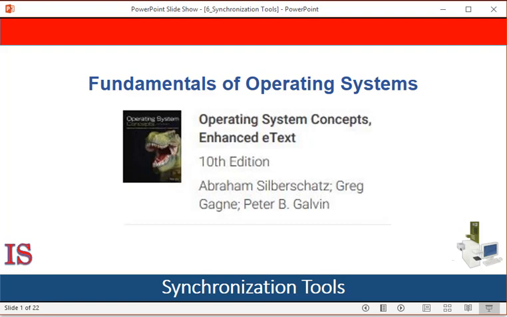In another unit, we learned that the processes can either directly share a logical address space, referring to both code and data, or be allowed to share data only through shared memory or message passing, as we talked about earlier. However, we must be aware that concurrent access to shared data may result in data inconsistency.